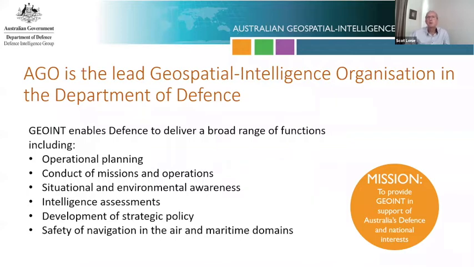Thanks. So the Australian Geospatial Intelligence Organisation, AGO, it's obviously a part of the Department of Defence. Its mission is to provide geospatial intelligence, referred to as GeoInt, specifically to the ADF and more generally to the Australian government. Now, AGO tends to categorise its operations into three different areas. So there's collection, analysis and dissemination. So collection includes the acquisition of open source data, commercial imagery, topographic and cartographic products. And of course, being an intelligence agency, it's also got some classified sources as well.